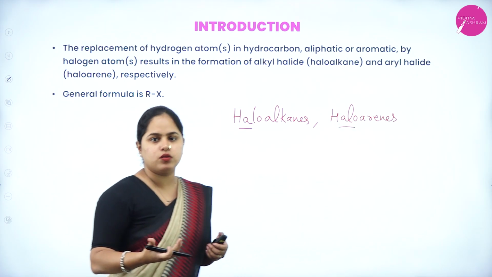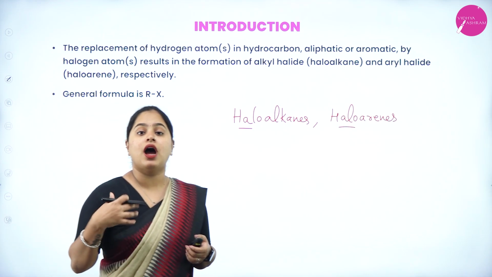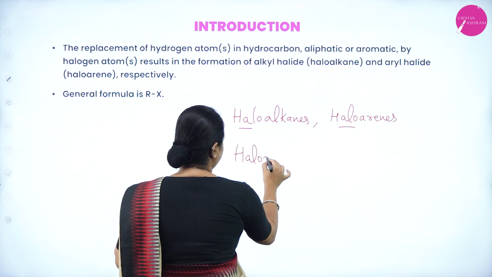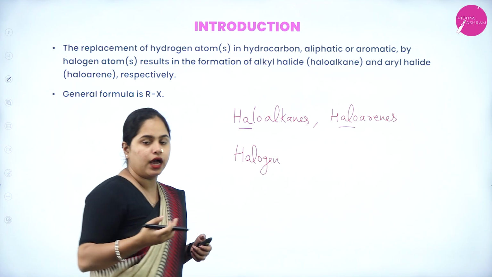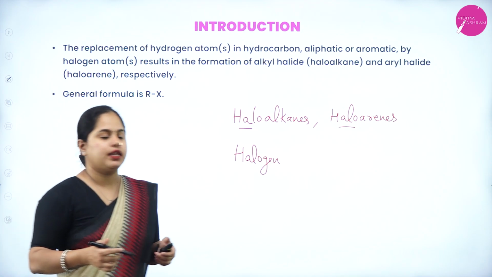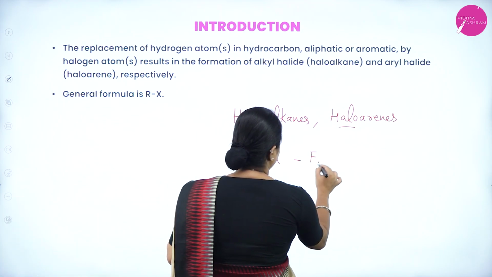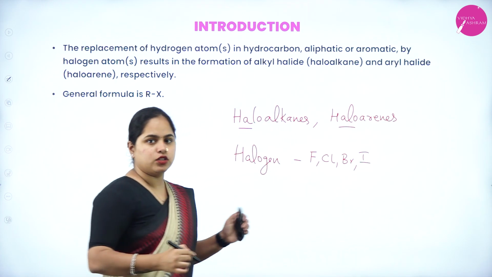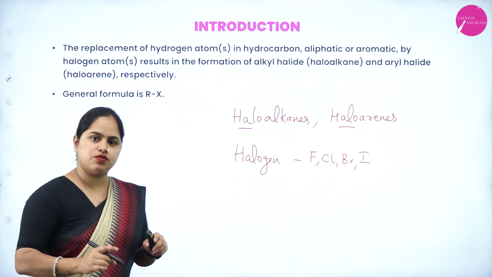So what does this halo stand for? Halo stands for halogen, right? You're already familiar with what the halogens are, right? They belong to the 17th group, and those are fluorine, chlorine, bromine, iodine, right? So the halo stands for halogen.